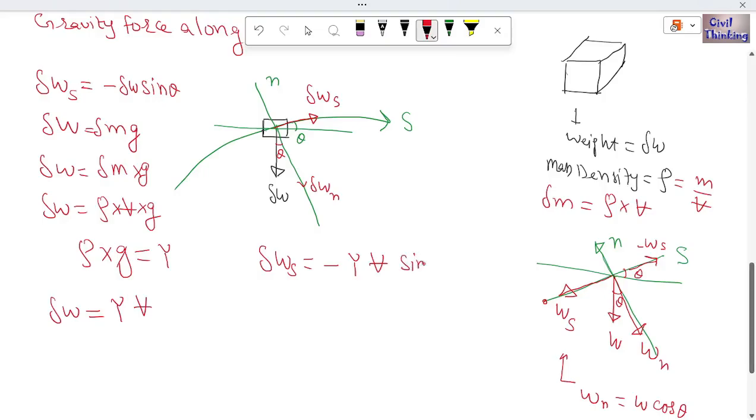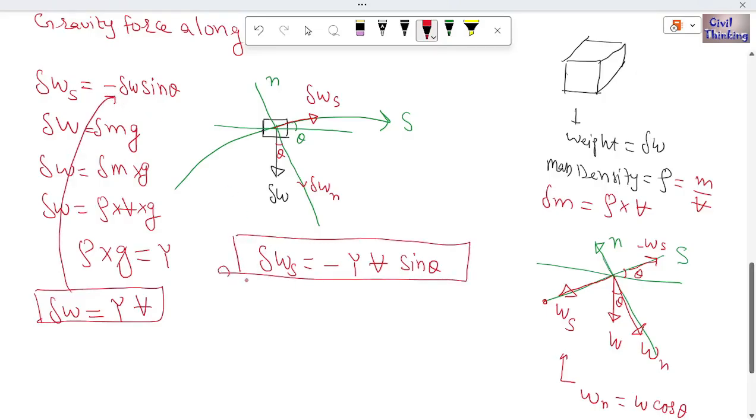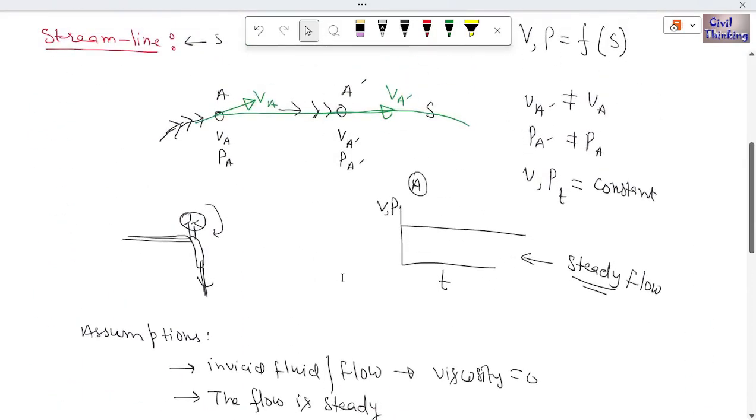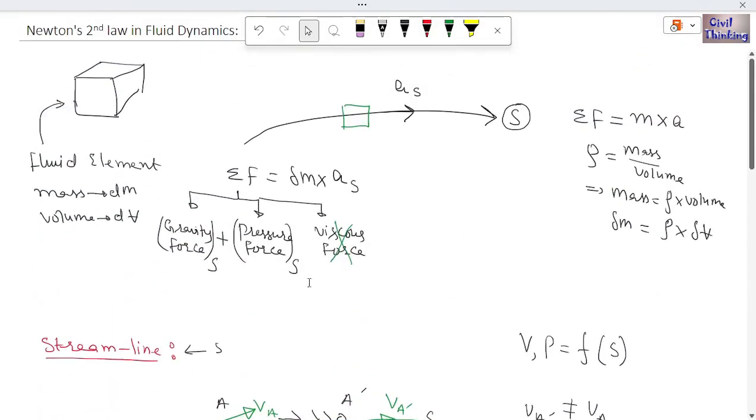I substituted the value of delta W here, and we got this. I will copy it. Here we go, we got the gravity force.